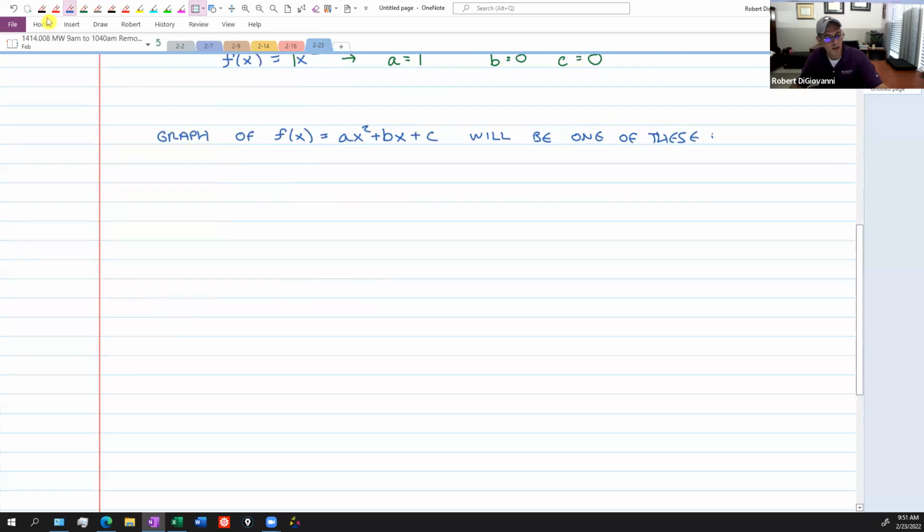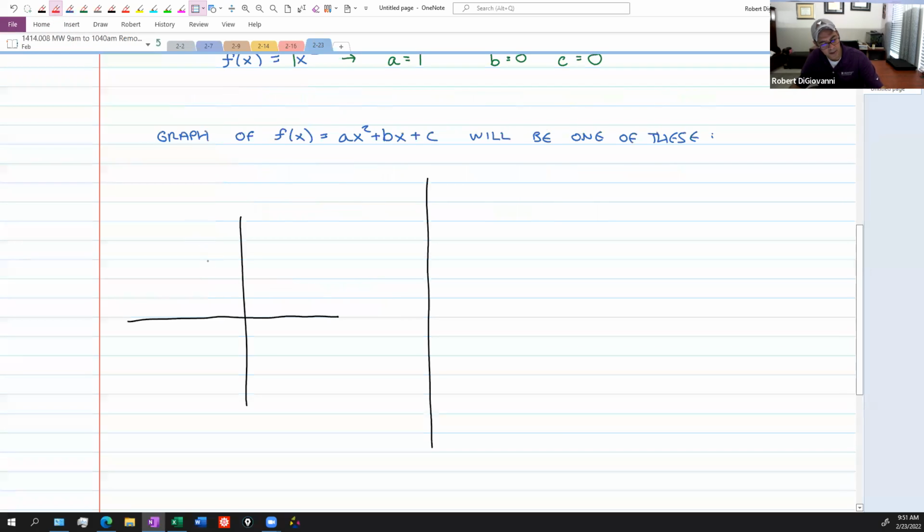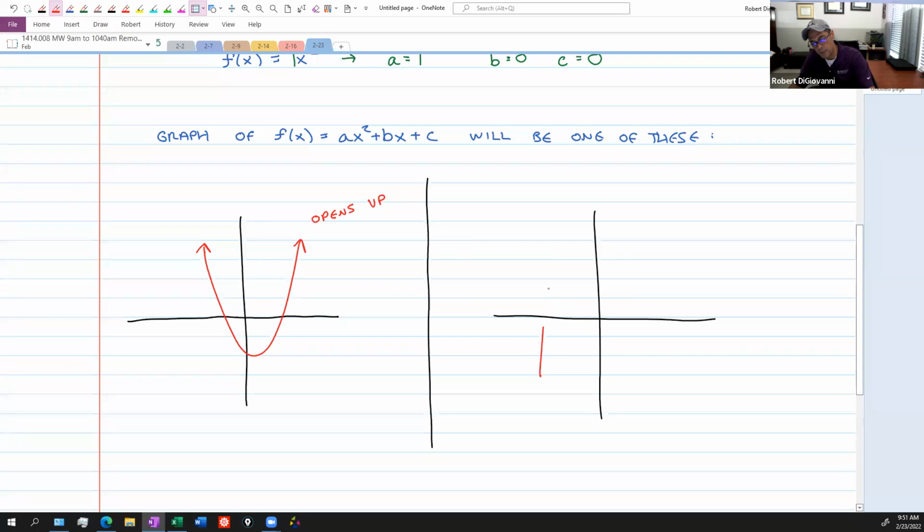There are 2 scenarios when you graph a quadratic function. You're either going to have a graph that opens like this, up, or it's going to be a parabola that we say opens down.